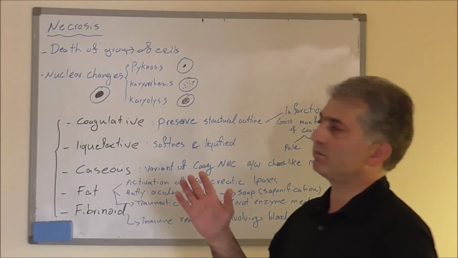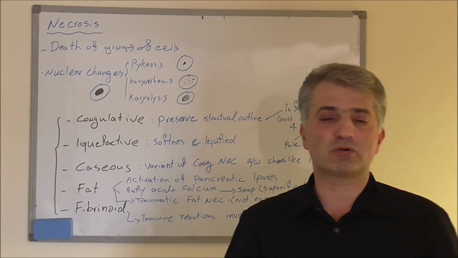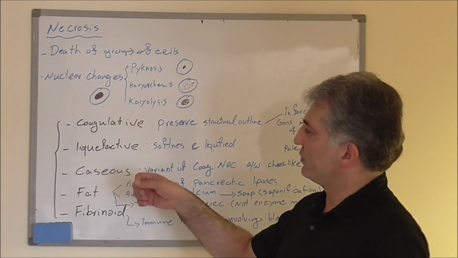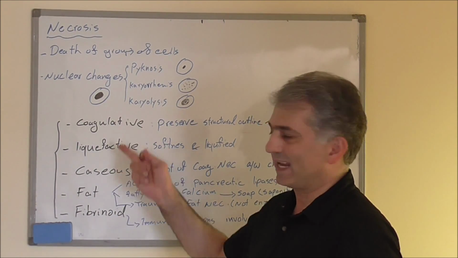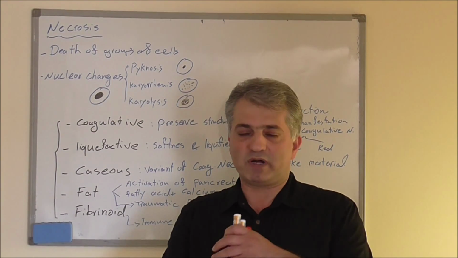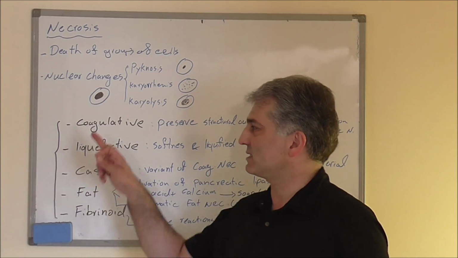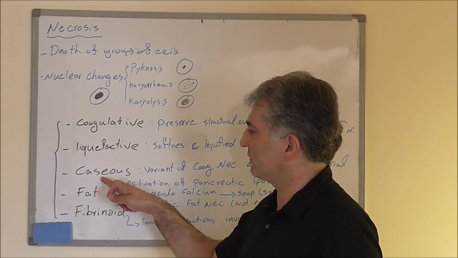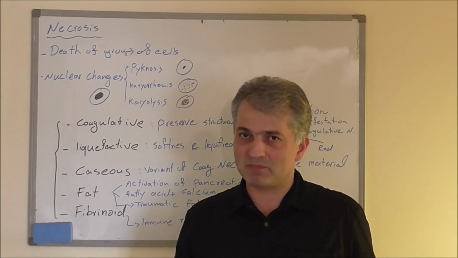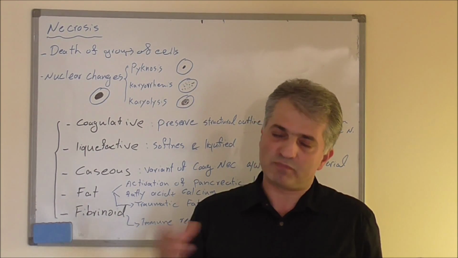However, the most important part of necrosis is the different types of necrosis. I wrote for you coagulative, liquefactive, caseous and fibrinoid, which are terms to describe them. All of them are necrosis. That means, no matter what is happening to the cell, all of them have the same mechanism of cell death.